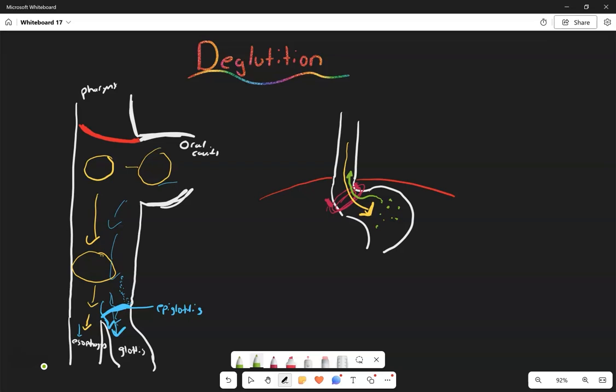And as we'll see later when we talk about the stomach, the cells of the stomach have a protective coating around them so that the acid can't break them down. But the esophagus doesn't have that coating. So if the acid moves its way up into the esophagus, it will literally burn the esophageal cells.